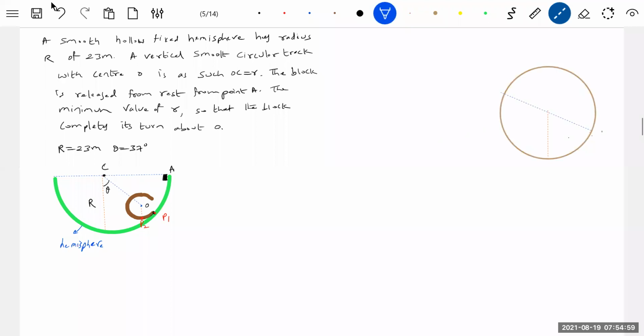There's a point P, there's a point C. This is O. The block will arrive here with a certain velocity.